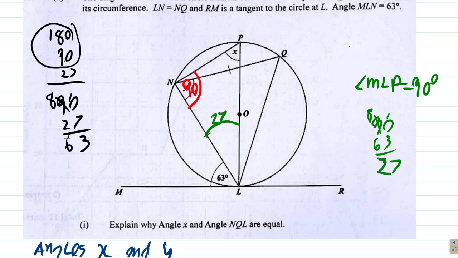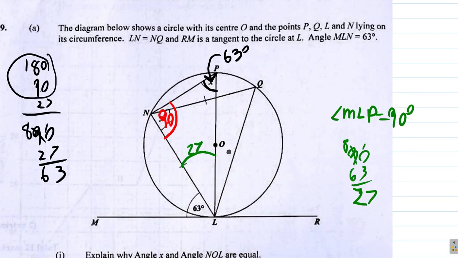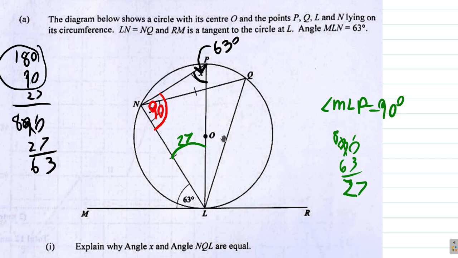So, you have 63 degrees there. Alright? So, x is 63 degrees. So, you know x now. Alright, good.